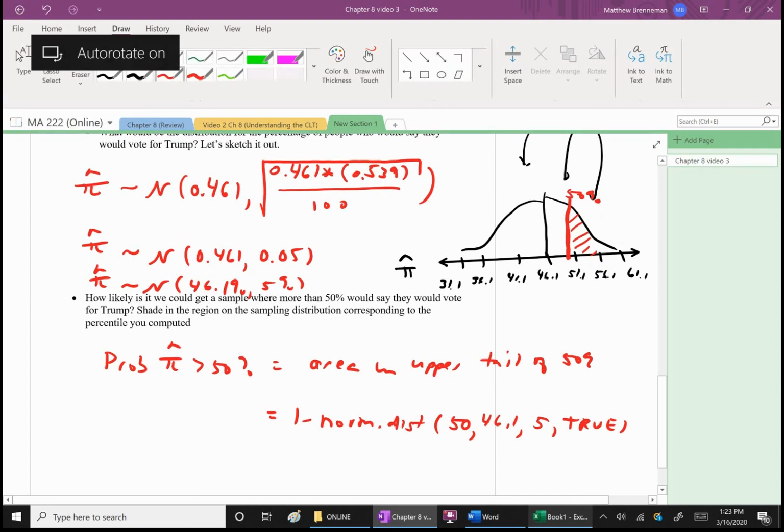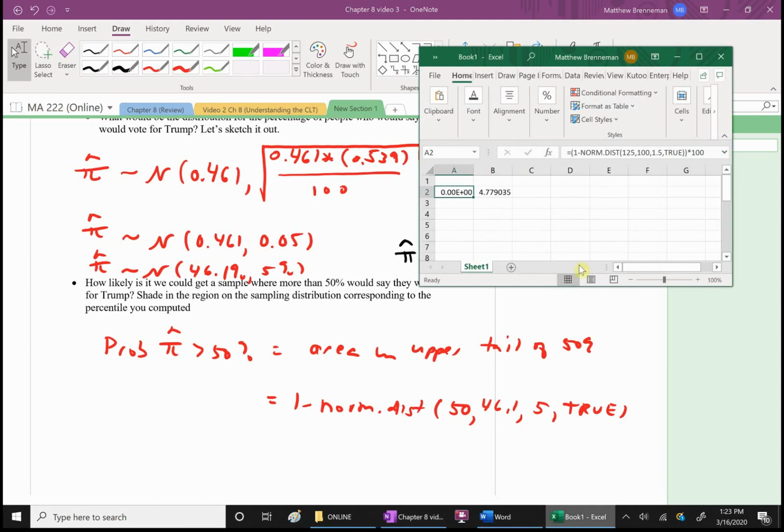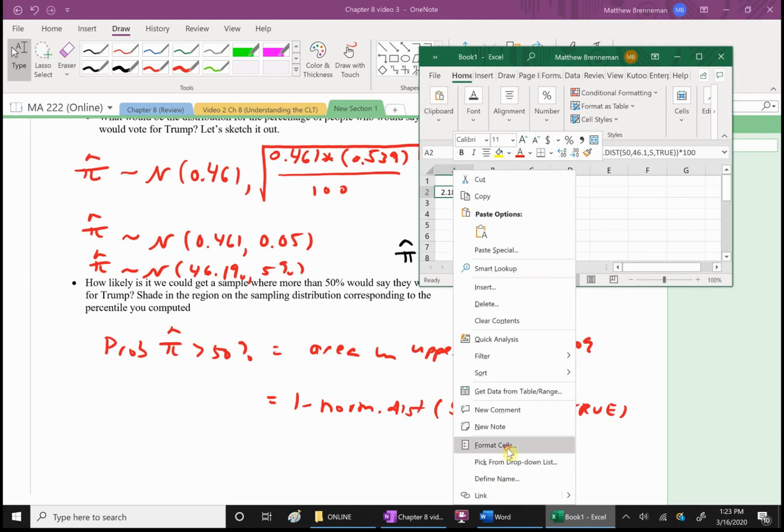So let's go ahead and do this in Excel. Basically I can come right back up to here and just change a few things, right? So here I'm looking at 50. This is 46.1 for my mean, and this is 5%. And I need to take it out of scientific notation.